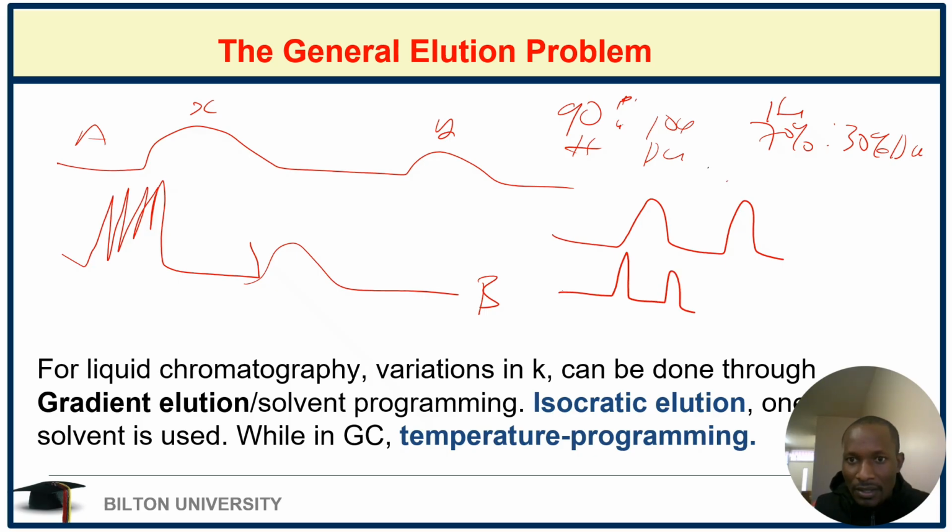Then you try it again and run maybe 40% hexane and 60% DCM, and now this one is giving you a proper peak.